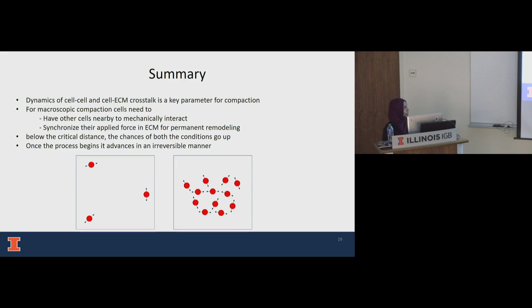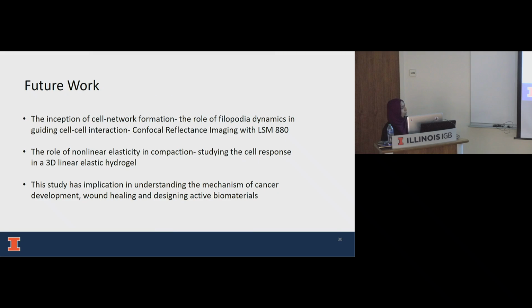For future work, we are planning to focus on how this cell-cell interaction is modulated at the filopodia level.